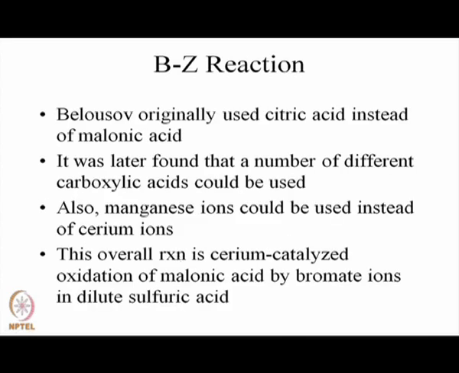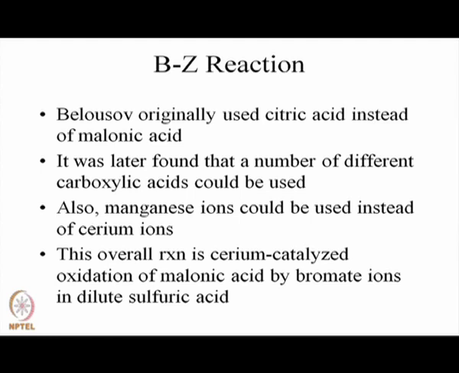Now, Belousov originally used citric acid instead of malonic acid. It was later found that a number of different carboxylic acids could be used, and in place of citric acid you can use other carboxylic acids as well.